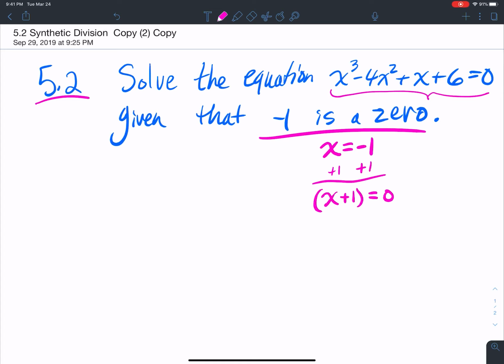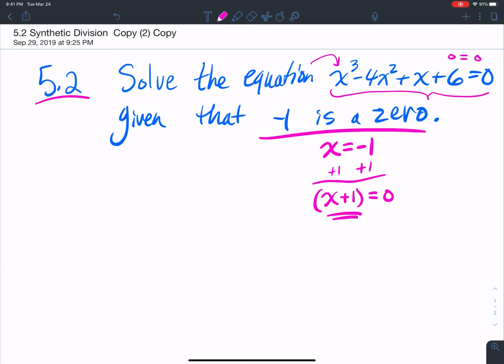That tells me if I plug in a negative 1 here, I'm going to get 0 equal to 0, which is a 0. So if I do division, then that's going to pop out a quadratic factor that I can then use a quadratic equation and get a solution on.